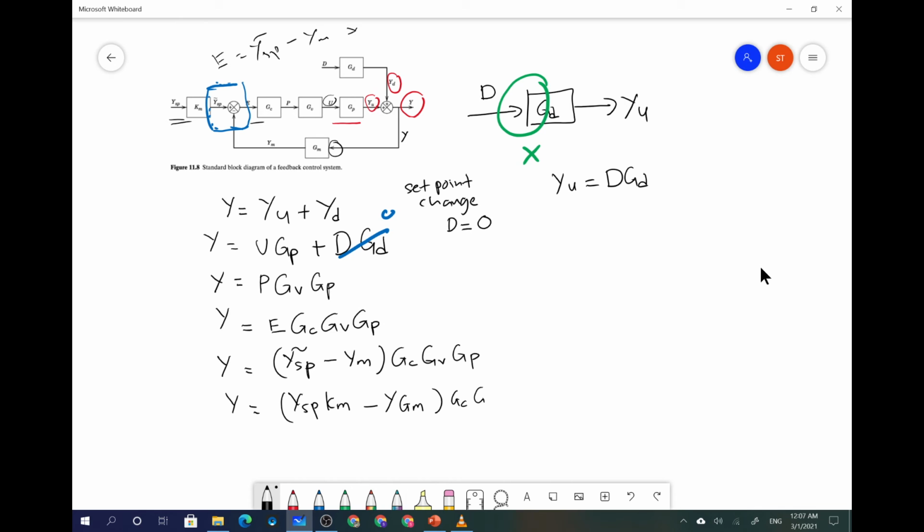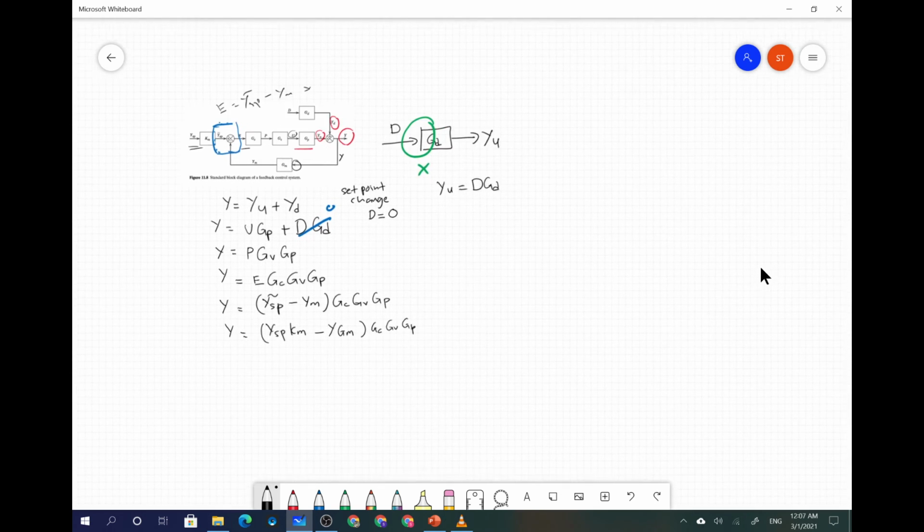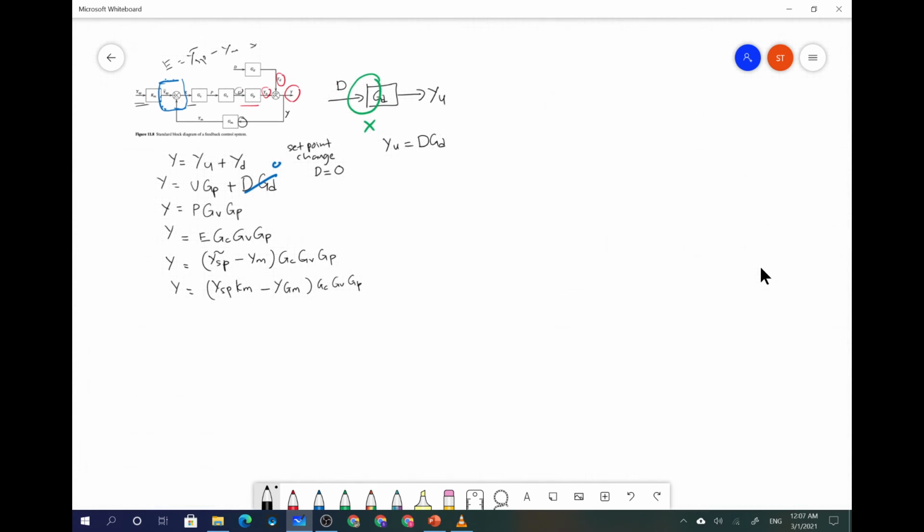Copy back everything. So we have to expand. Times this one, everything times this one.